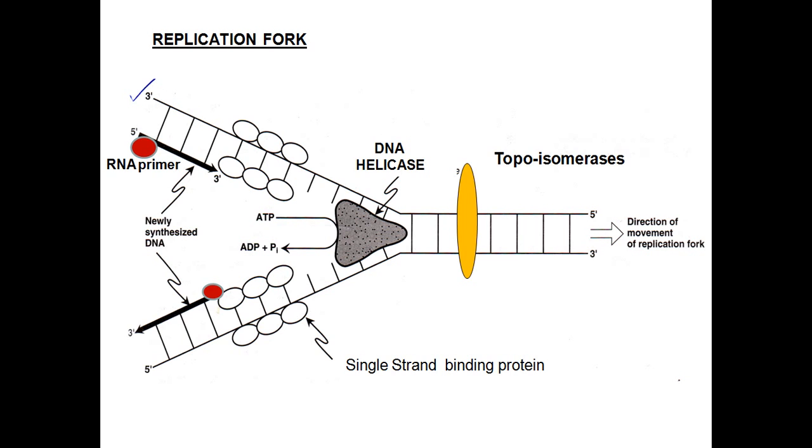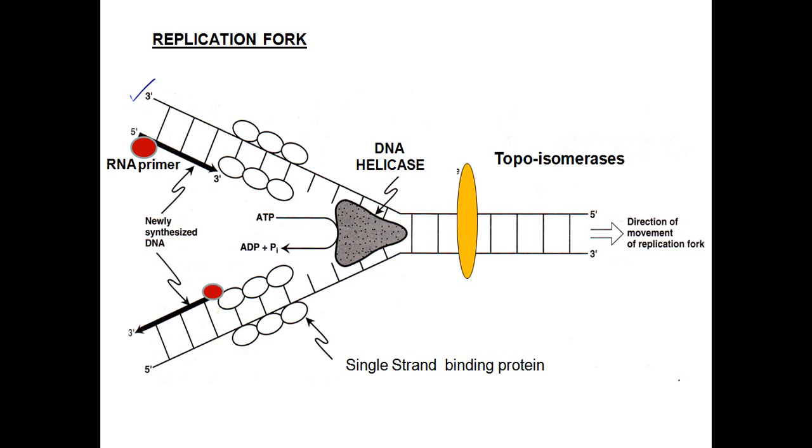One strand is called the template DNA. The other strand is called the lagging strand DNA. On the template DNA, the replication process is continuous, whereas on the lagging strand the replication process is discontinuous, and small short fragments will be formed. They are called Okazaki fragments.